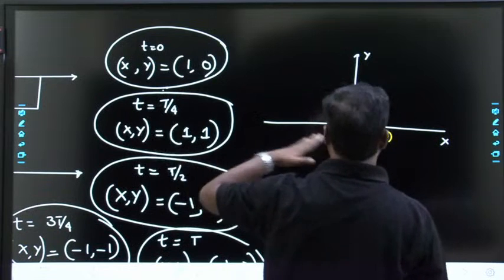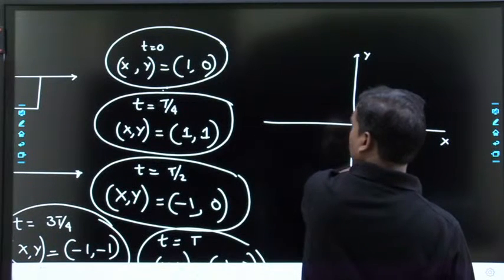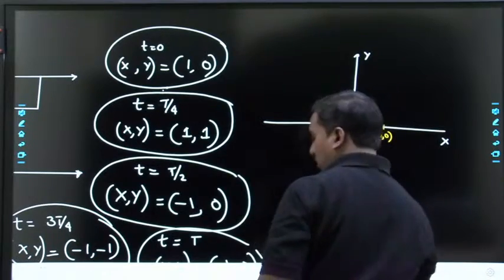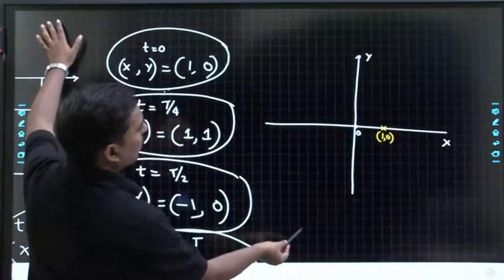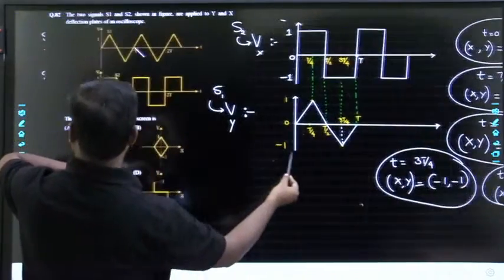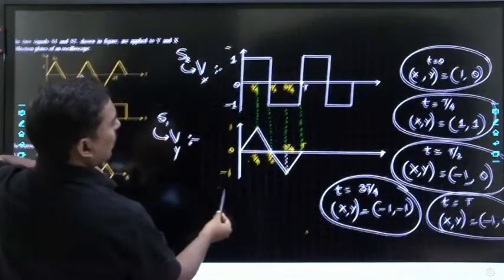At t is equal to T by 4, x comma y both are 1, 1. So what are you going to get? Which waveform is going to match? Check once. Yeah, I think it is matching now.